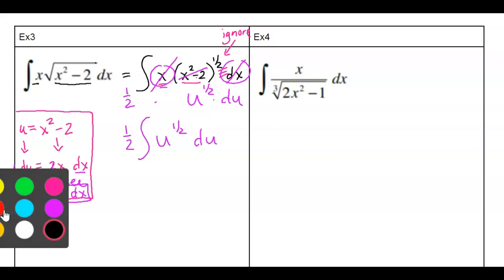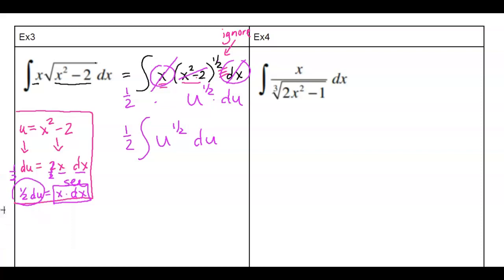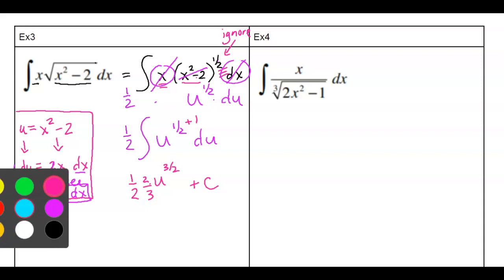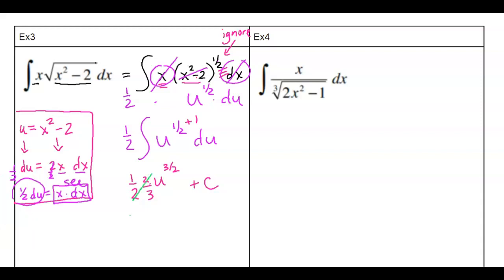And we can integrate with the power rule. So 1/2, add 1, multiply by the reciprocal, plus c. 2's cross out, so 1/3. Plug our u back in. And that's why if you have this box here, it's really easy to find what your variables are.